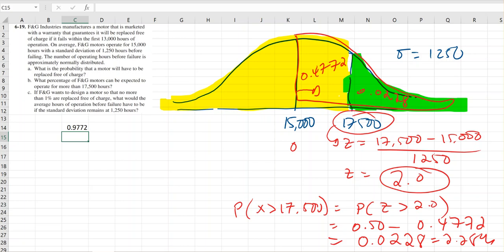All right, so this entire area, this yellow area here, is 0.9772, but I don't want that area, so it's equal to 1 minus, why is it 1? Because the entire curve is 1, minus that, and you see it's 0.0228, which is what we computed with the table. So again, that's the table, and that's also Excel.